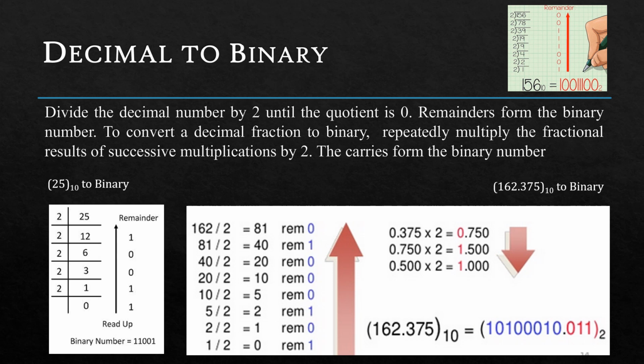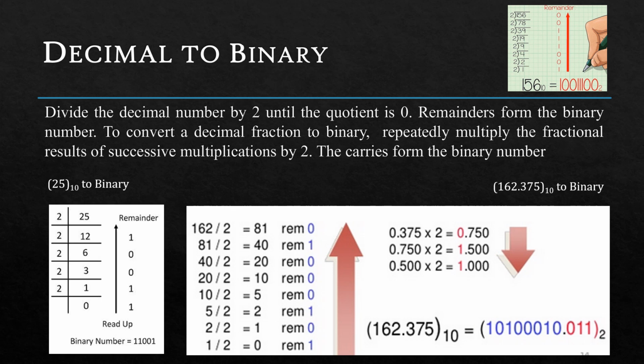We can also have the octal number system, hexadecimal number system, etc. If you want to convert the decimal number to octal, octa means 8, so the base value is 8, and we divide the decimal number by 8.